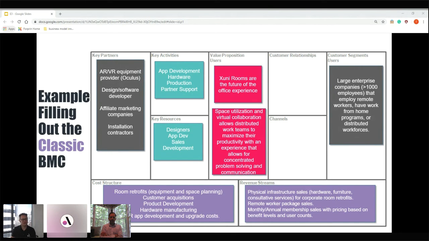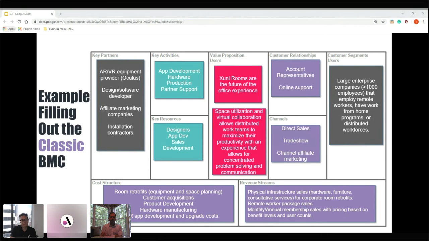Then we'd have packages for remote workers, and this would all be wrapped around monthly membership pricing. The biggest cost was going to be going in and retrofitting the home offices for these Zuni rooms, so it's equipment. Also customer acquisition, since we needed a sales force, product development, hardware manufacturing, and then of course the big one, the AR/VR app development.